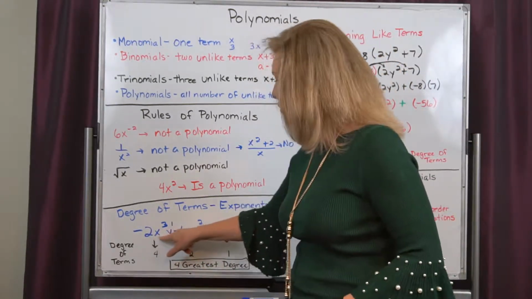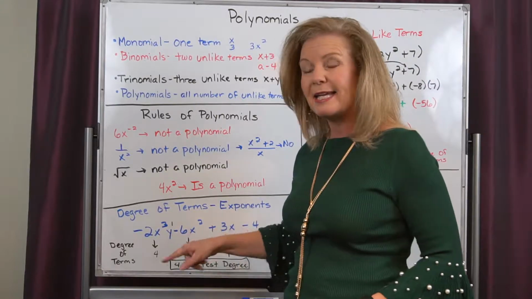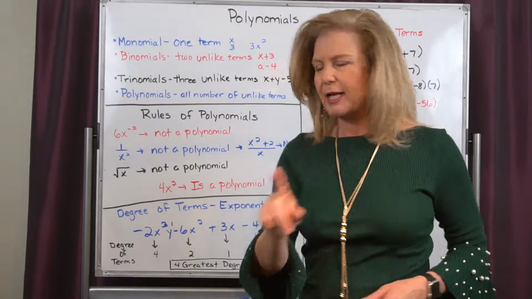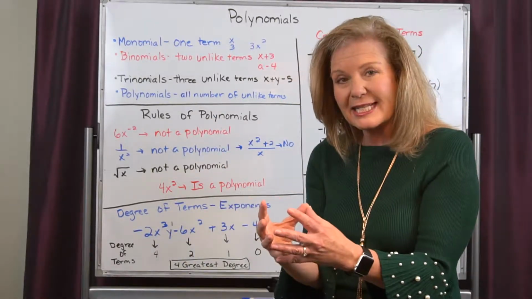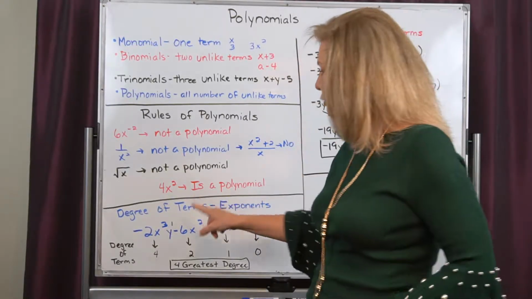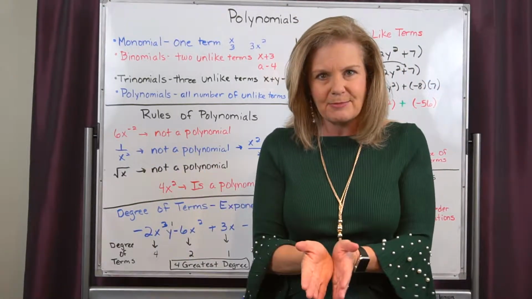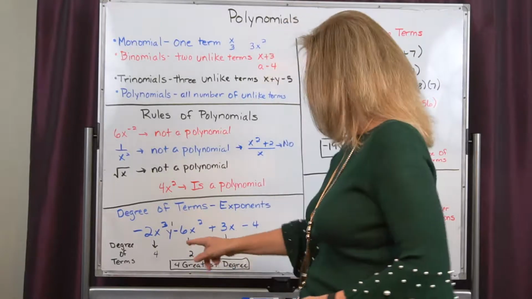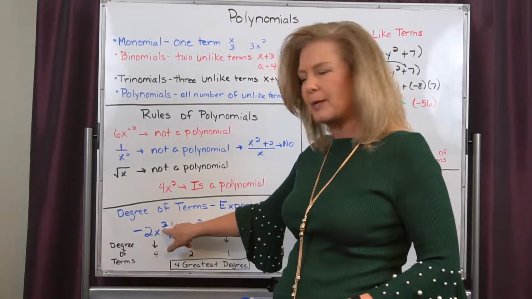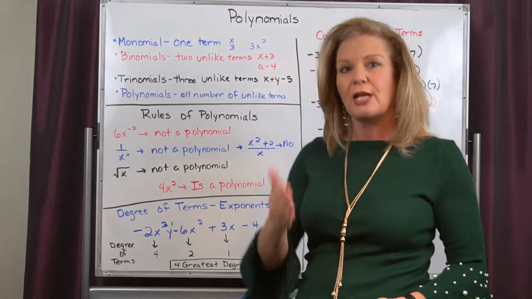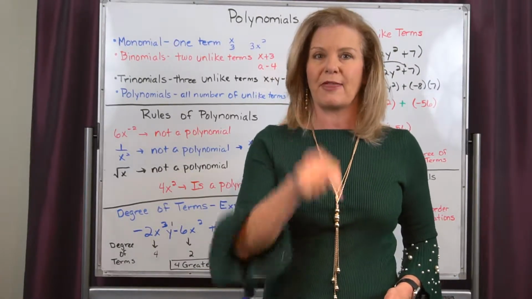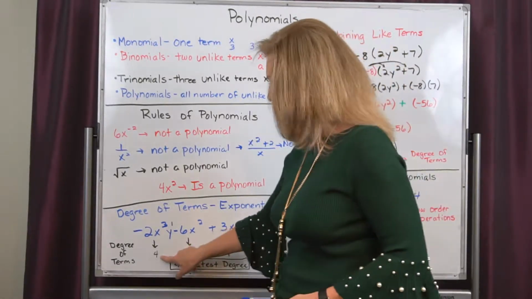Now negative 2x cubed y is a single term. So I take that as all of it together as one, and I look at the exponents and I add them together to get my degree of terms. So I have an exponent of 3 and I have an exponent of 1, therefore my degree of term for that term would be 4.